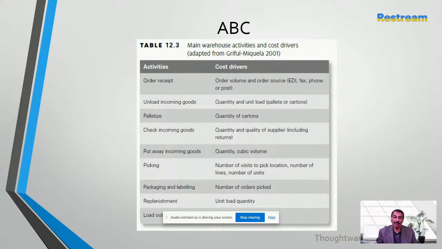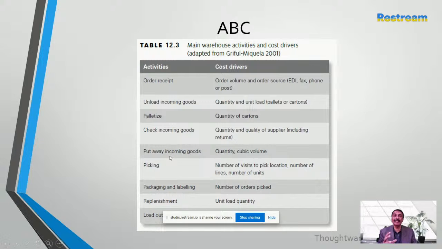Okay, some activity here, you can see what are the various warehouse activities and what their cost drivers are. For example, in a warehouse you can have order receipt, where the cost driver could be order volume and order source; unload incoming goods, quantity and unit load; palletize, quantity of carton; check incoming goods.